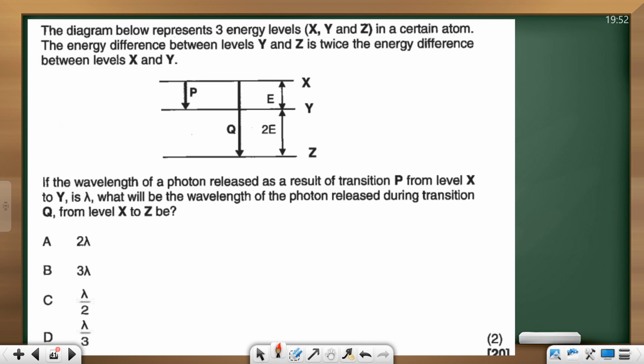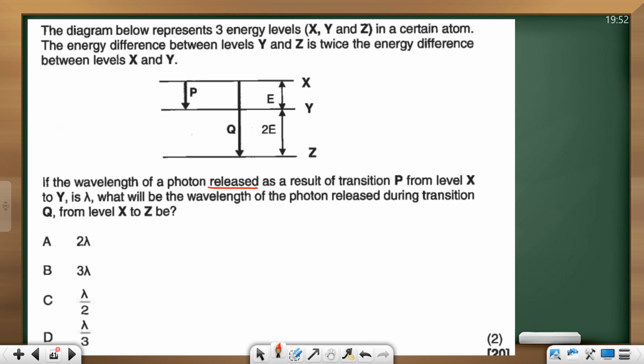X and Y. Can I quickly ask you something? Is it emission or absorption? For them to move from high to low, what happens? They lose energy. So they are emitting. It's emission.